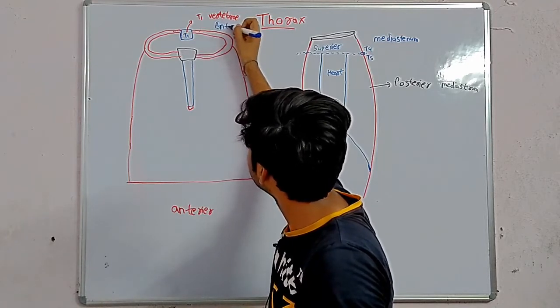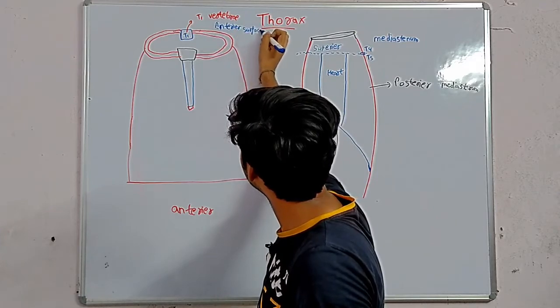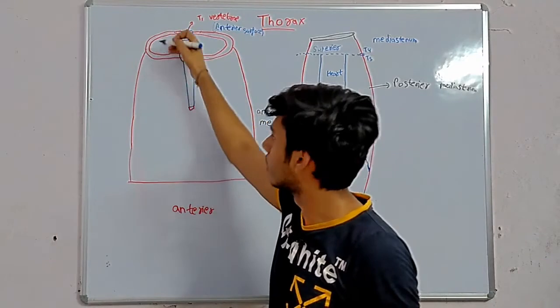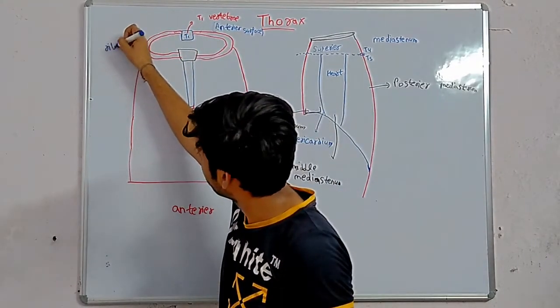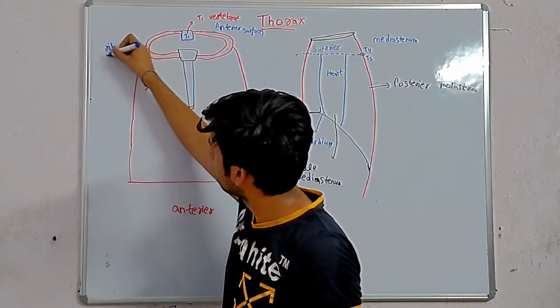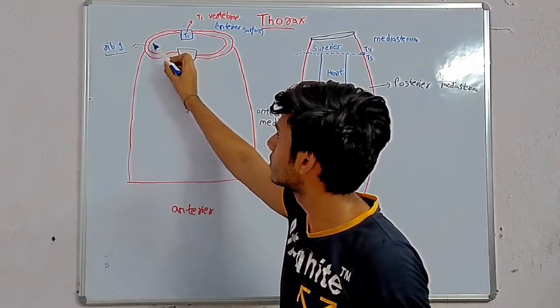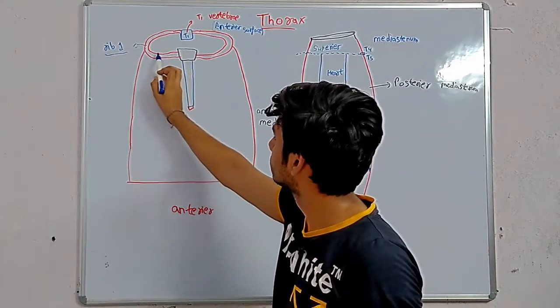Then there is rib 1 on both sides, the inner border of rib 1, which forms the thoracic inlet boundary.